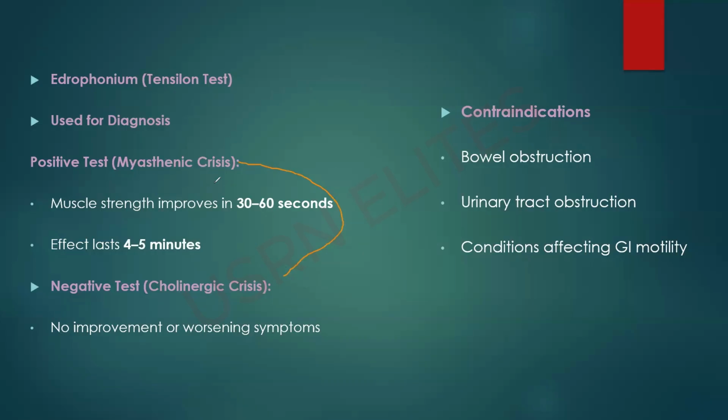In myasthenic crisis, you have acetylcholine very low at your muscular junction, and you have muscle weakness, so you're going down. That's myasthenic crisis, right? In cholinergic crisis, you have symptoms worsening.